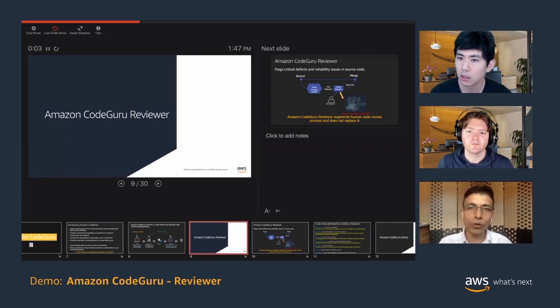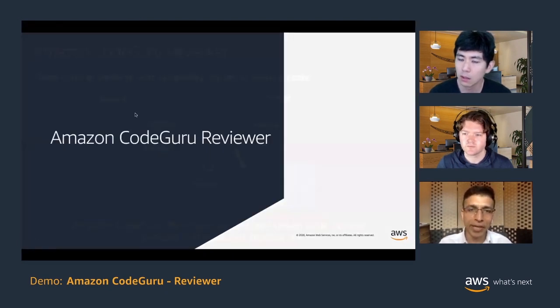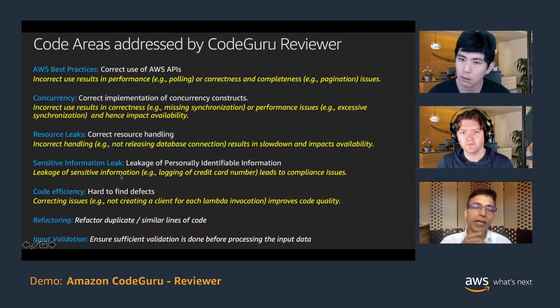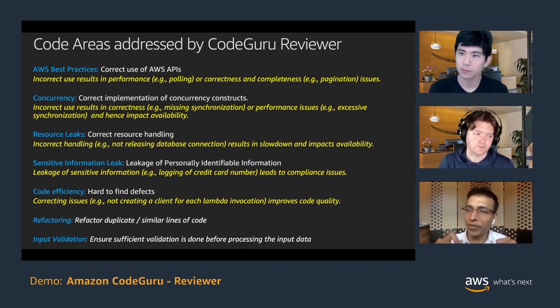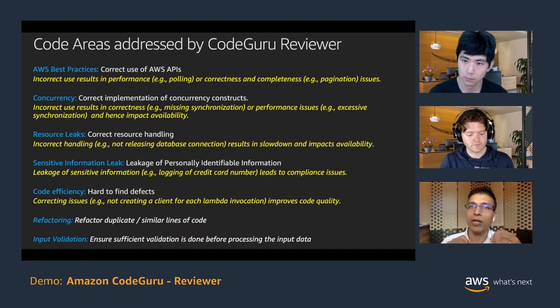Yeah, and I'm sharing this particular screen. This screen will provide you with much more detailed information to answer your question: what are the different categories of issues that CodeGuru Reviewer can make comments on and can detect? There are specific detectors in CodeGuru, in various different categories, which can detect these kinds of issues and make recommendations.